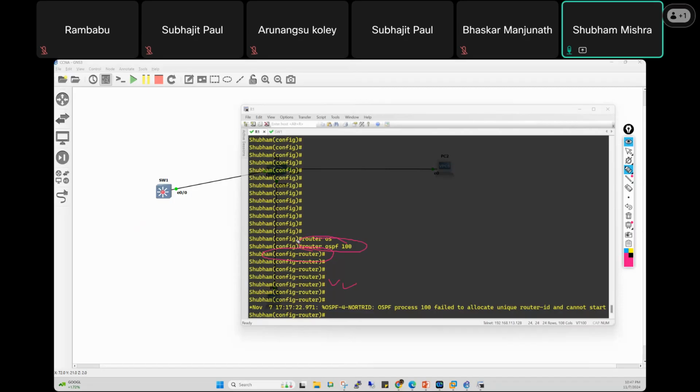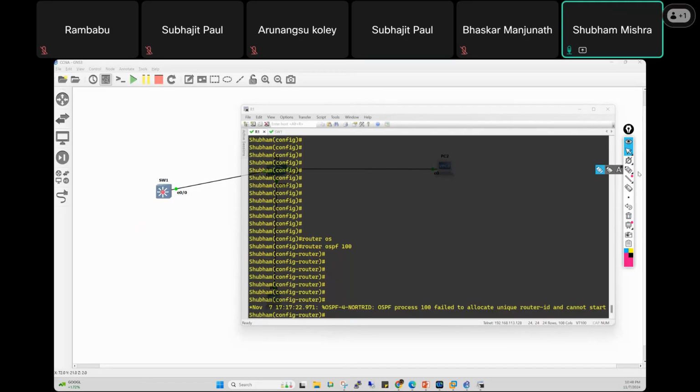So what did we discuss, guys? We discussed all the modes of the router. First mode we discussed, user mode. Second, privilege mode, global configuration mode, interface configuration mode. Yes or no? Everyone, right? Yes, sir. In some cases, we configure the sub-interface also. We will discuss these things later.